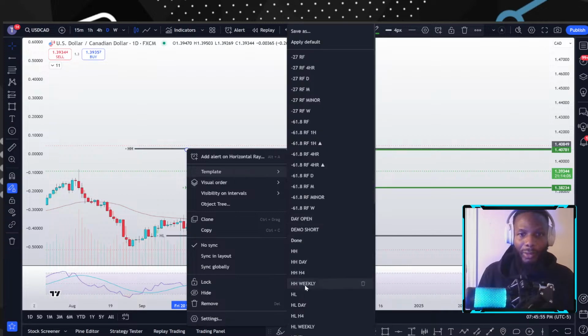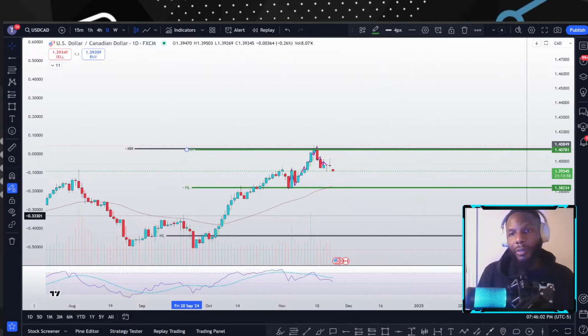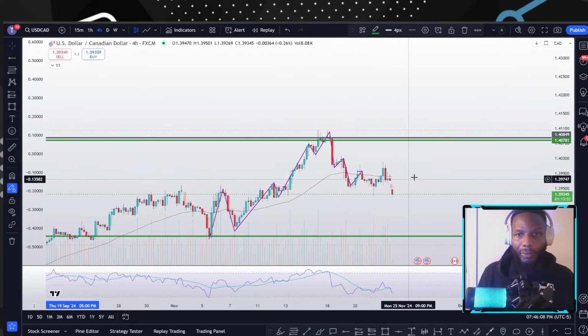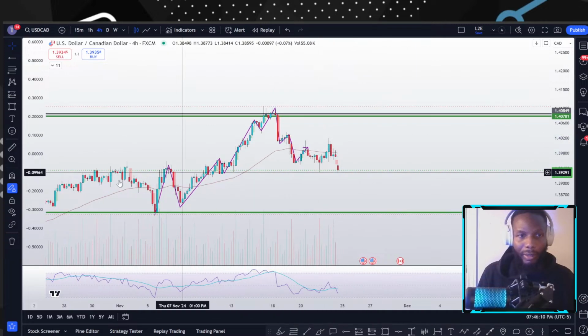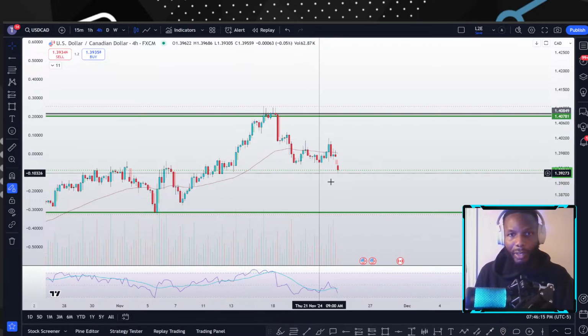And this is also the higher high daily. Boom. And then when I was down at the 4 hour, the range would be that.